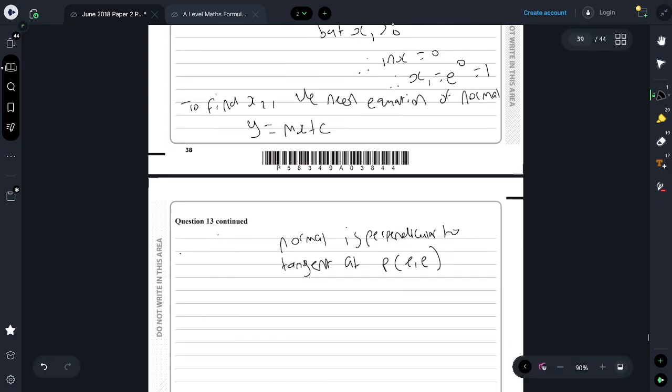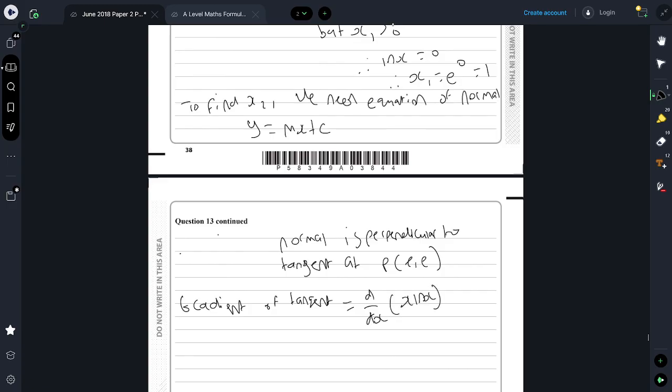So the gradient of the tangent is going to be the derivative of x ln x at x equals E. That's the point where the tangent is at E. This is P. The gradient of the tangent is the derivative at the point.